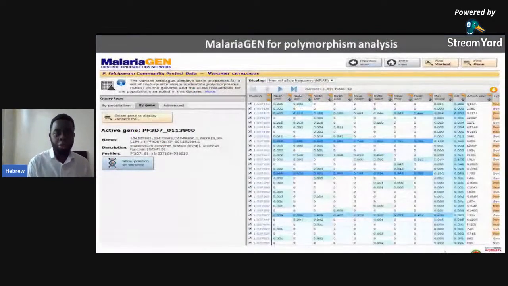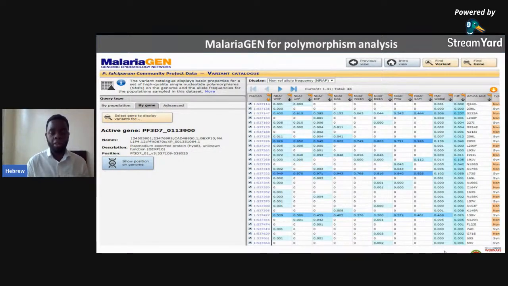So as I said, I will talk a little bit about MalariaGEN. So I think this one is only matched with people who work on malaria bioinformatics, as I did. So it is basically a community project database that was built to enable people who are working on malaria bioinformatics to network.